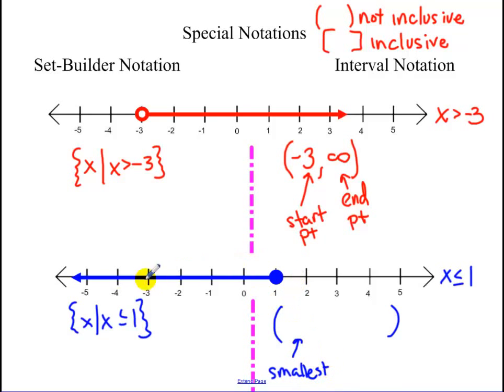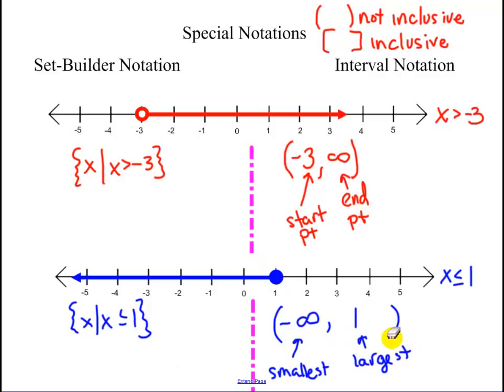What's the smallest value that's part of this solution? Well, that's technically -infinity. What's the largest value? Our largest value is 1, and we stop at 1.